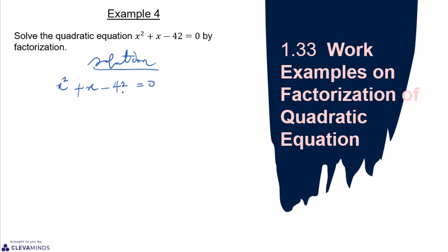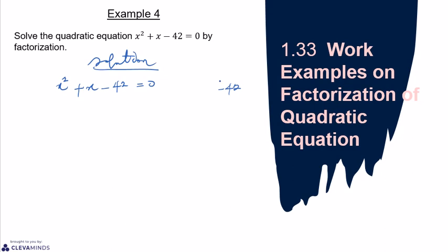So 1 multiplied by negative 42 gives us what? Negative 42, right? So we can simply find the factors of 42 that will satisfy the middle term, which is plus 1. So what are the two factors of 42 such that when we add them together, it will give us plus 1?